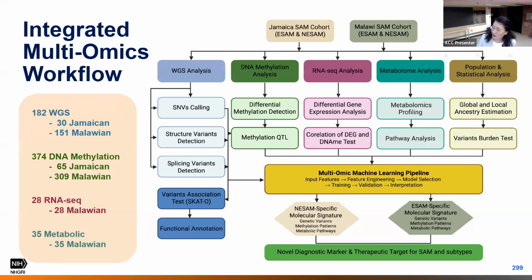And this is our planned workflow. We are going to work on the AnVIL platform to integrate the multi-level omics data together. We have over 700 samples, and we are also going to integrate with All of Us data to do the population and statistical analysis to see the global and local ancestry.